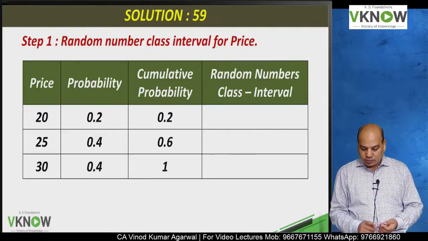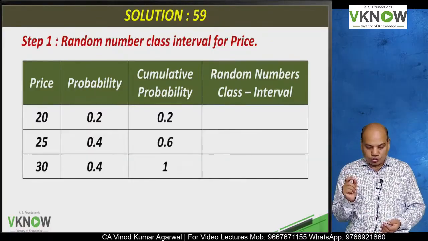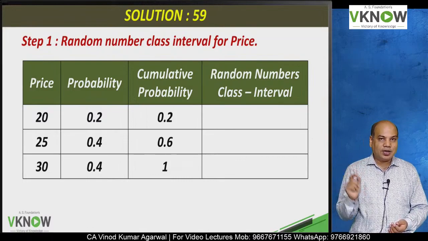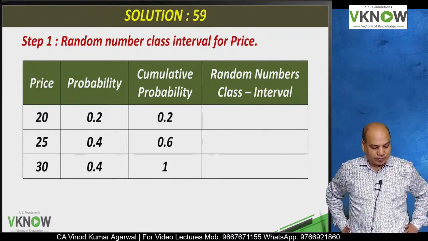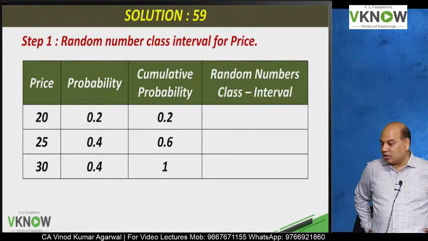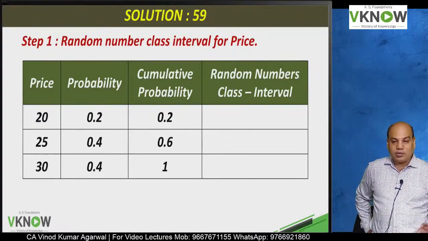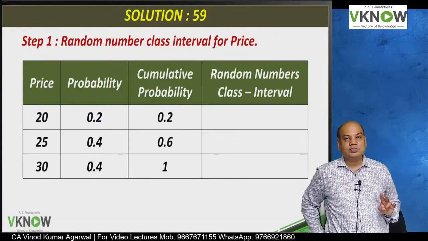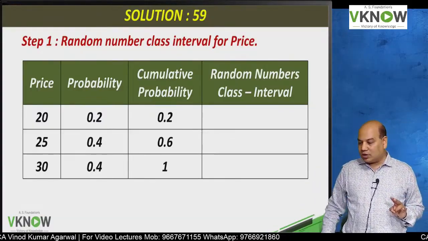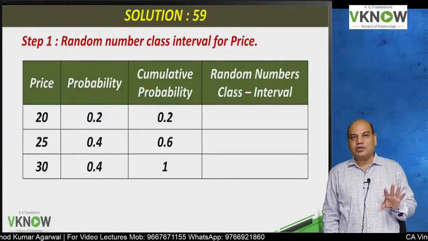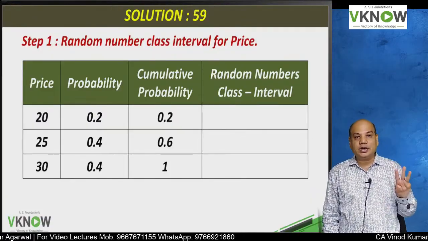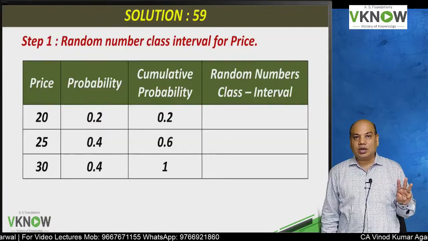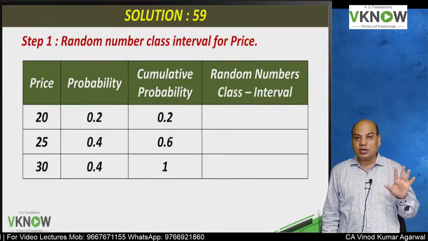Cumulative probability will be 0.2, 0.6 and 1. You will write the class interval, I will check. If the random numbers are given in 2 digits, then the class interval also will have 2 digits. But if random numbers are given in 3 digits, the class interval also will have 3 digits.